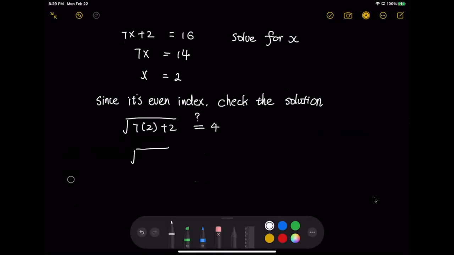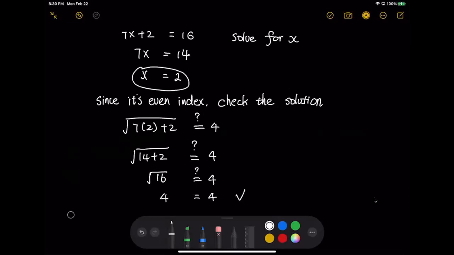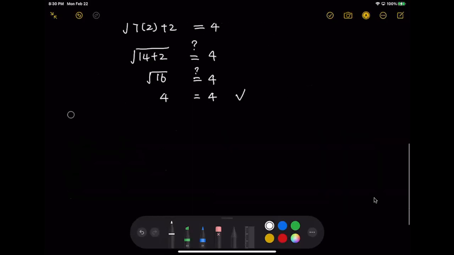So on the left side, I have square root of 14 plus 2. We don't know yet if the left side equals 4. But the left side is equal to square root of 16, which is 4. 4 equals 4. So that means x equals 2 is our solution.